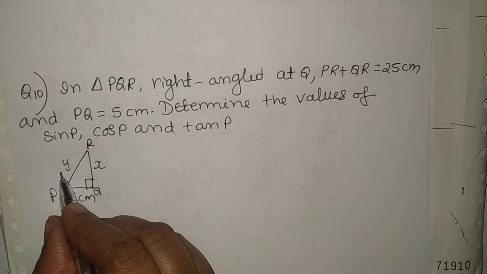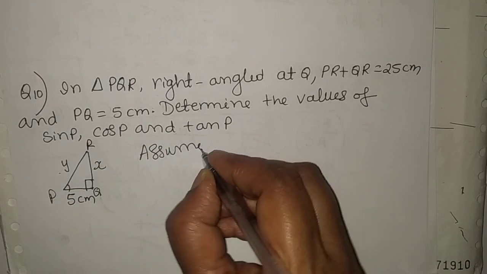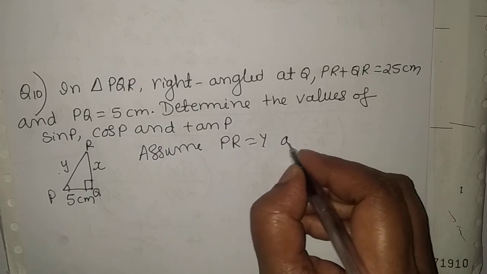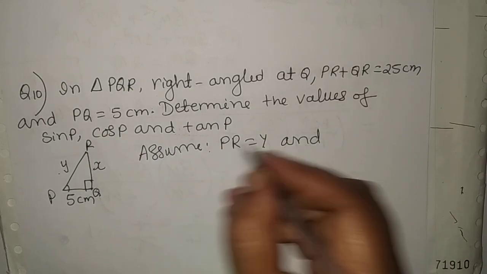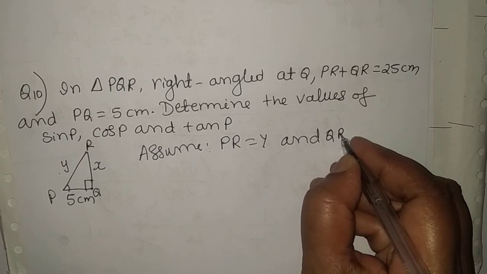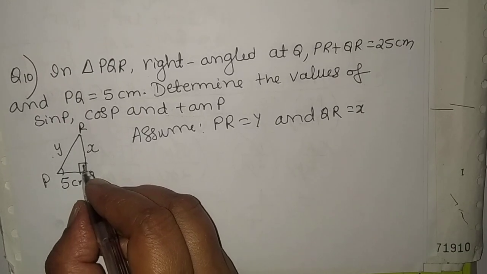And we have assumed PR is equal to Y and QR is X. So this is the assumption made here.